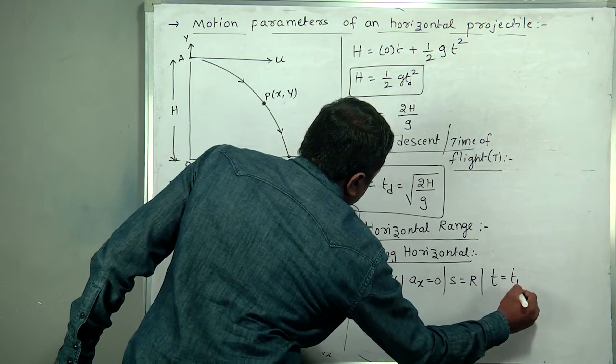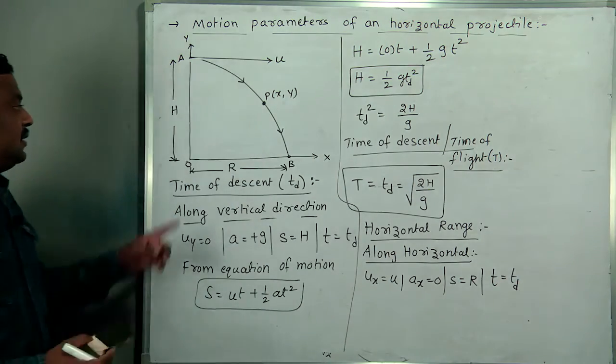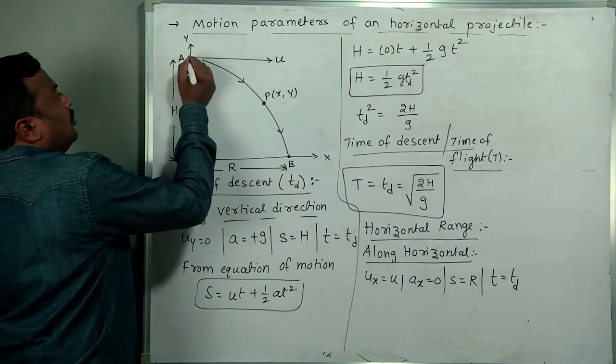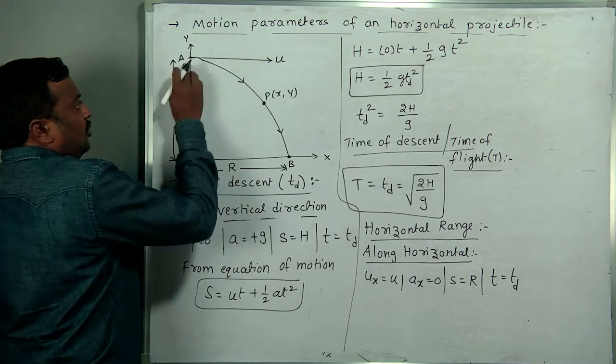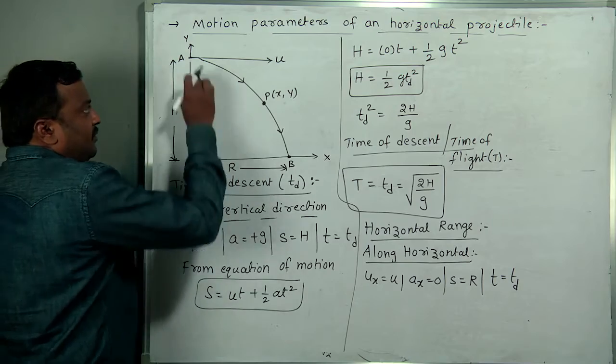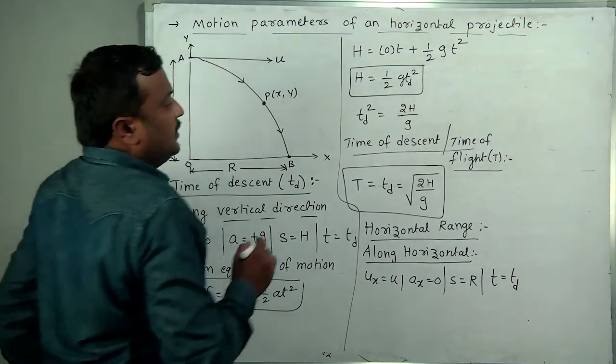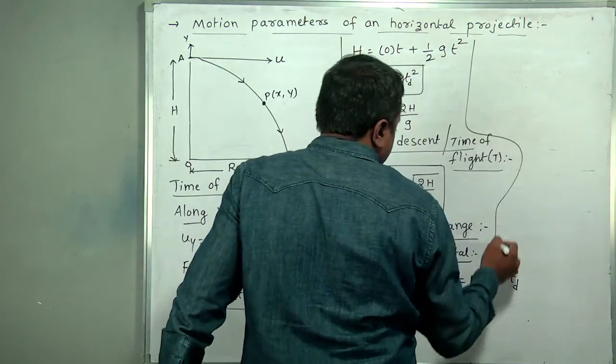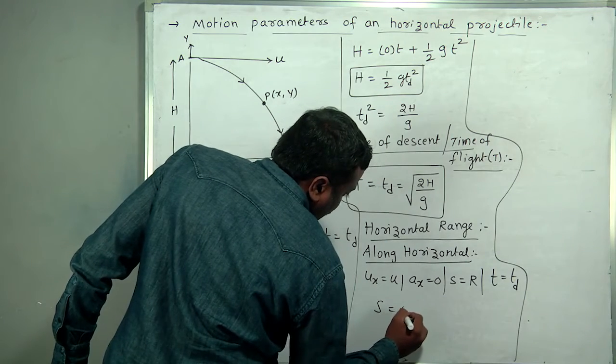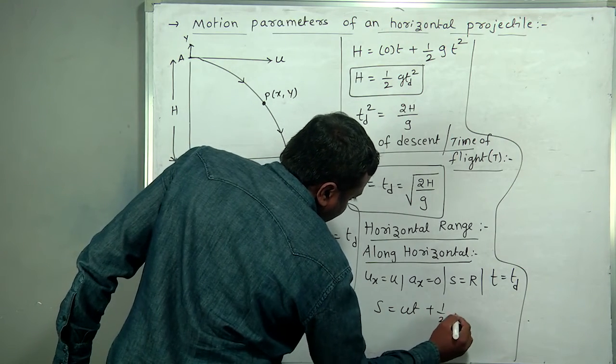Time taken is the time of descent, because to reach the ground from this point, the total time is nothing but time of descent. Same equation, S equal to ut plus half at square.